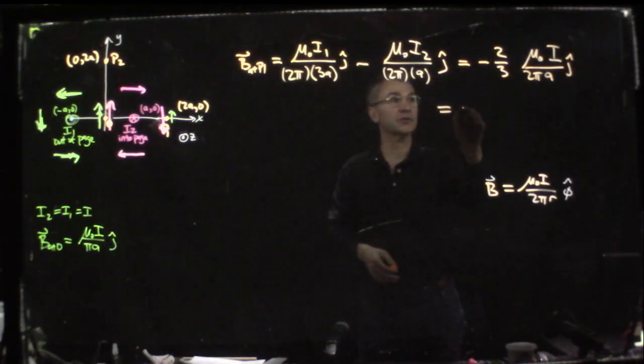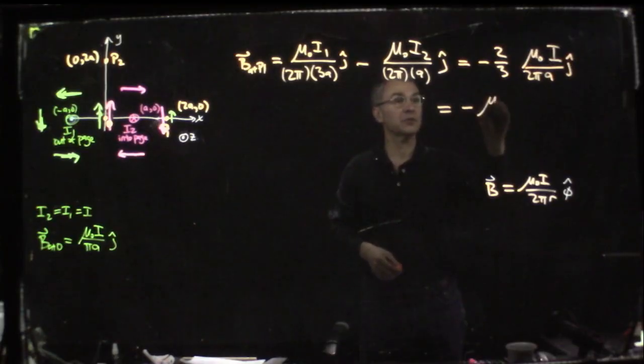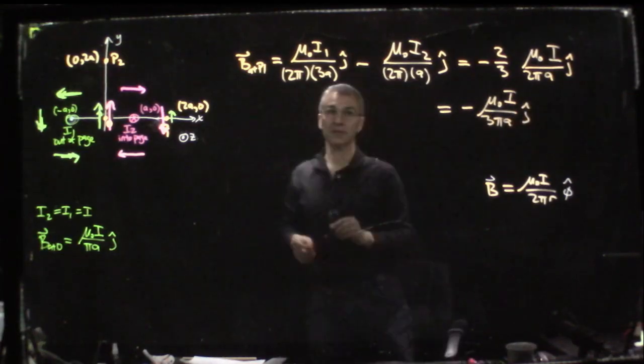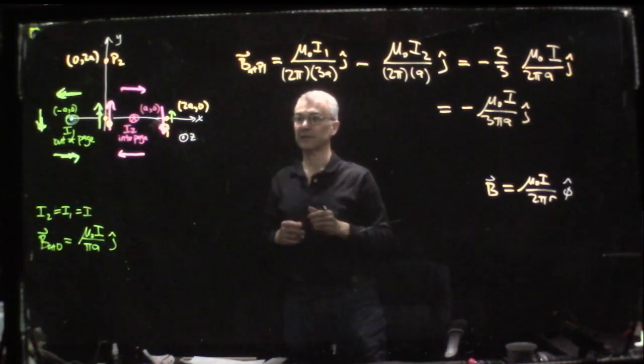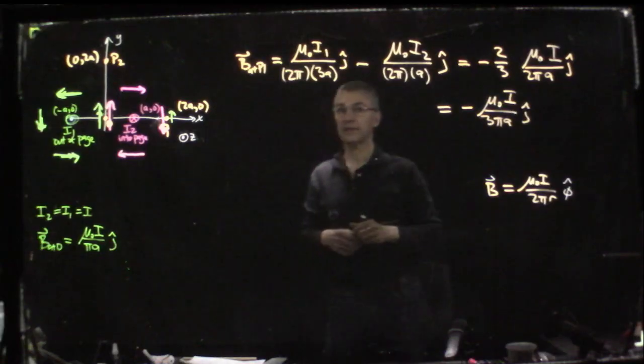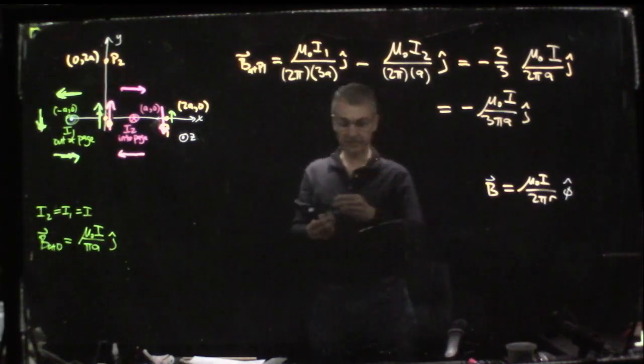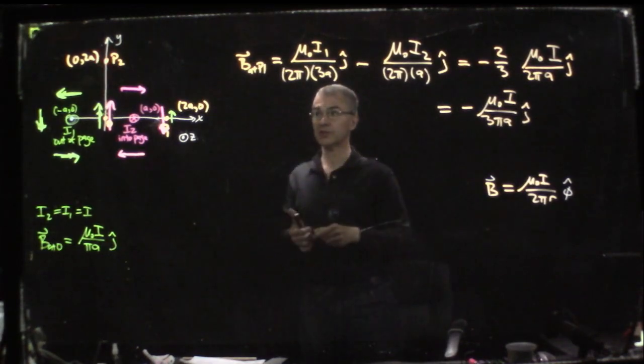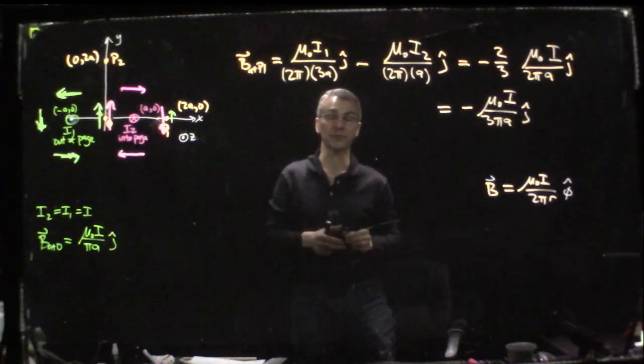So this equals minus mu naught I over 3 pi a j hat. Okay, so that's not so bad. Then next we're going to move on and evaluate the magnetic field at P2, which is a little trickier. It has some trickier vector arithmetic.